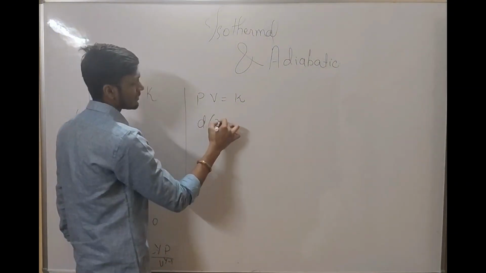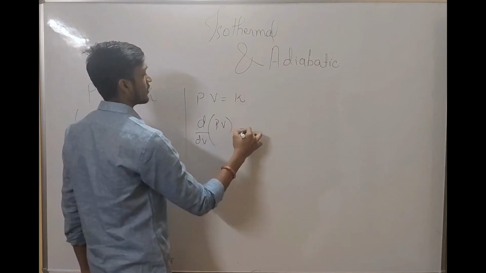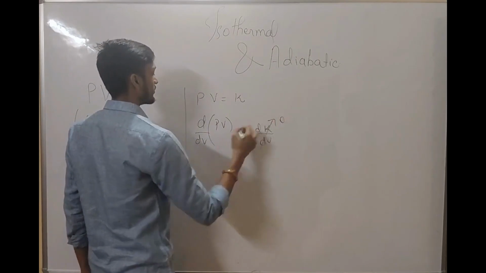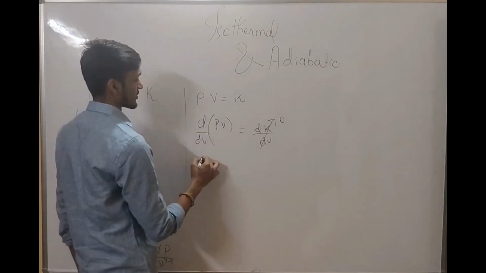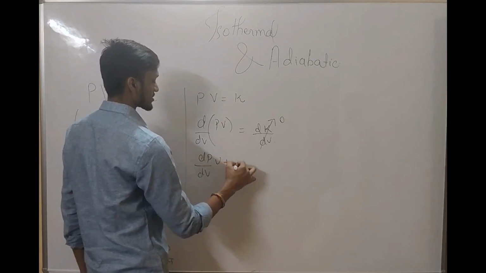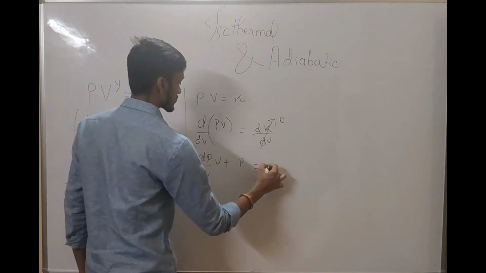Again, differentiating PV equals constant with respect to V on both sides, we get the slope of the PV graph for an isothermal process. This will be dP by dV into V plus P equals 0.